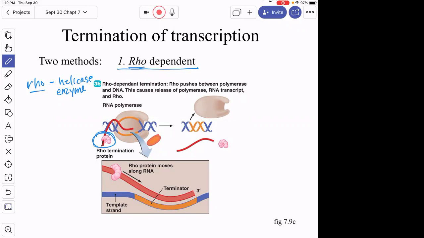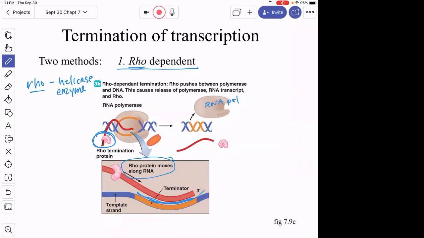We think that moves along the new strand of RNA and basically will unzip, the RNA only stays transiently bound to DNA for a short period of time, but that Rho will move along and release the RNA from the DNA and dissociate. This is the RNA polymerase from the DNA, and all the parts fall off.